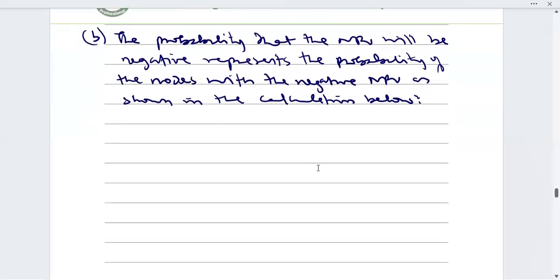So we have node, workings for the probability, then we have probability.